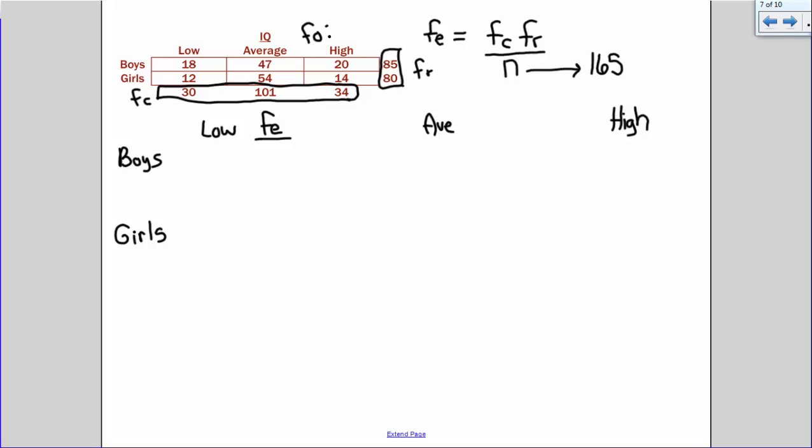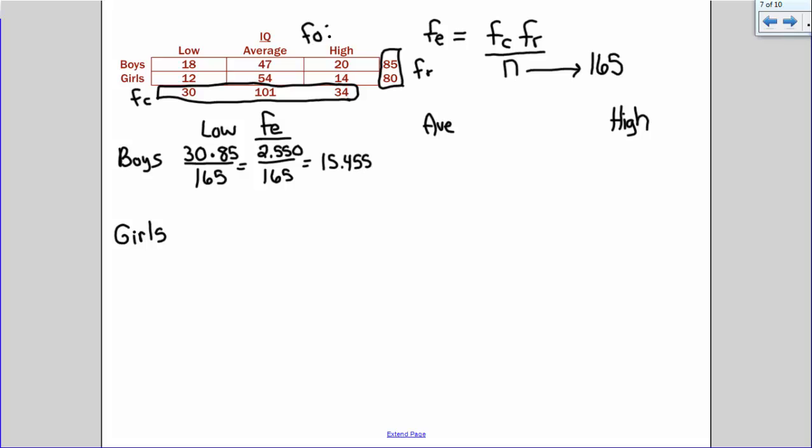Okay, so for the boys with a low IQ, we're going to do that one first. We have 30 children with a low IQ times 85 boys divided by 165 sample size. So 30 times 85 is 2,550, divided by 165 gives you 15.455.